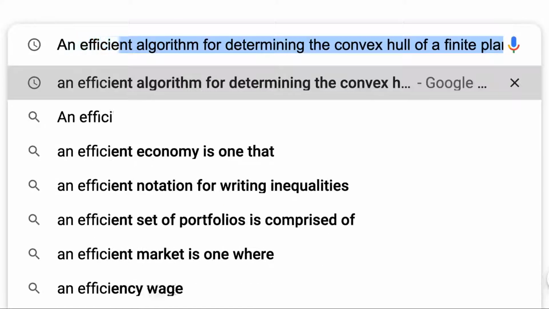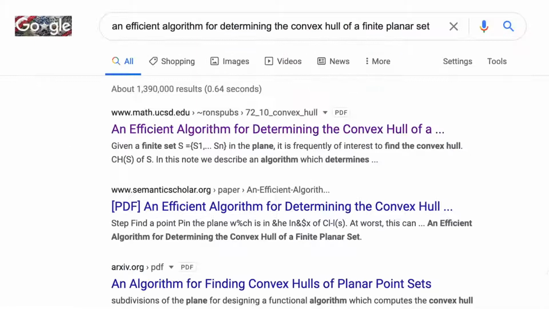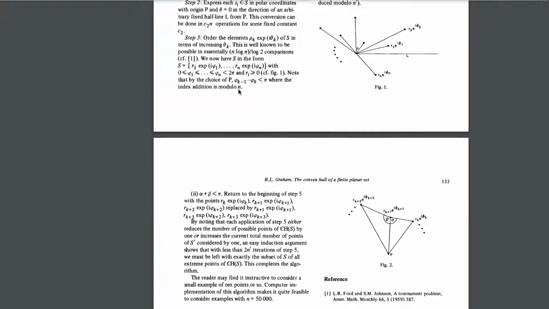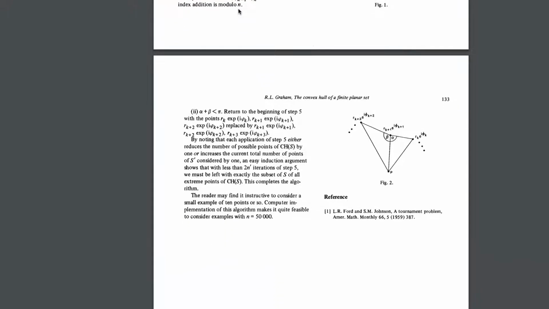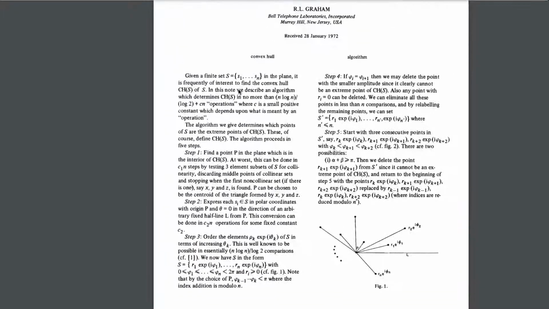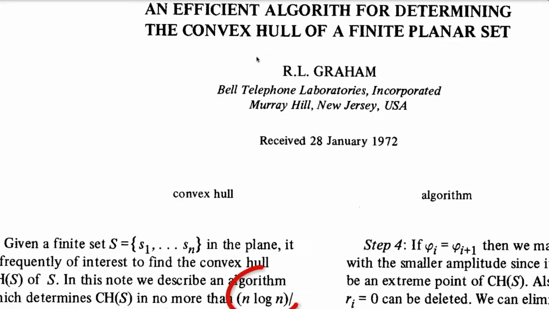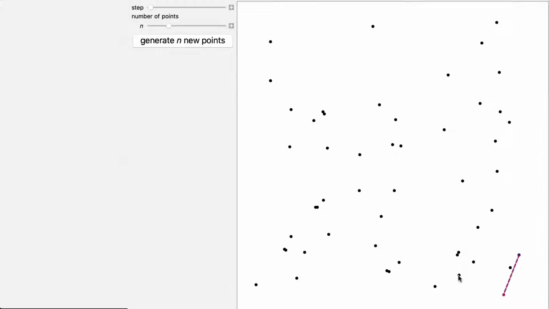In 1972, Ronald Graham published a delightful paper, An Efficient Algorithm for Determining the Convex Hull of a Finite Planar Set. The paper is just 1.5 pages long, but it gives an algorithm with time complexity O of n log n for n points. The first step is to find the point with the lowest y-coordinate. This is the starting point of the convex hull.